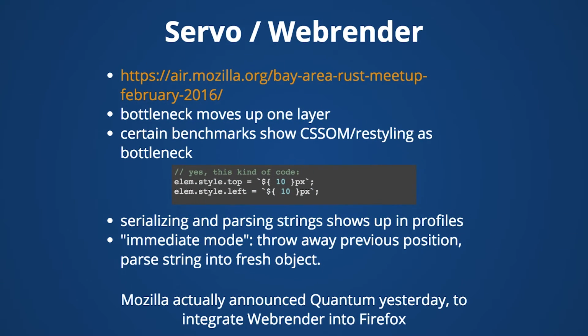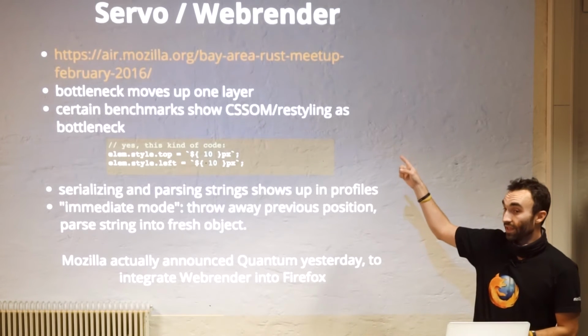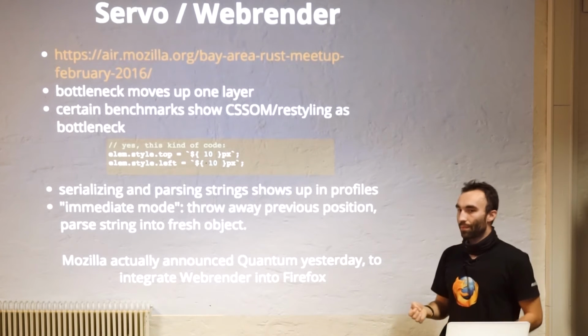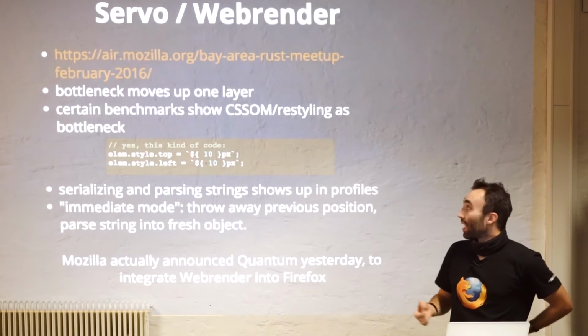When you actually can do rendering really, really fast with up to 600 FPS, the bottleneck shifts one layer down. So we have the rendering, and now we have the DOM mutation. So this is a really nice video from Patrick Walton, who is one of the developers behind WebRender and Servo. And it's a really nice talk.